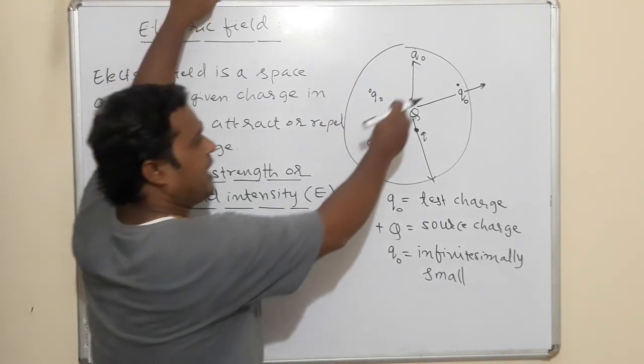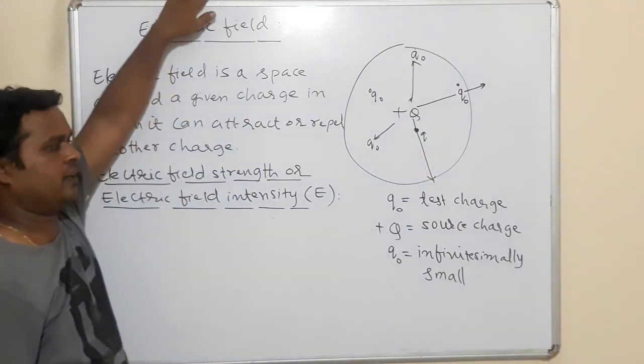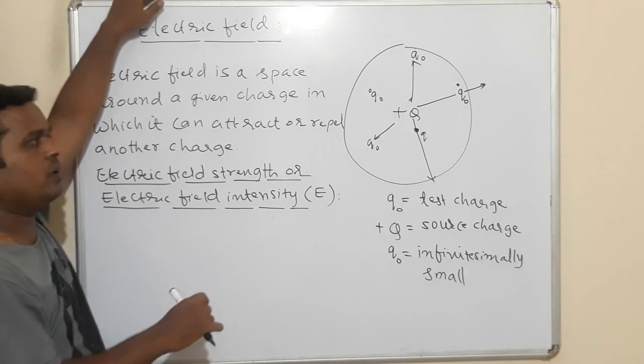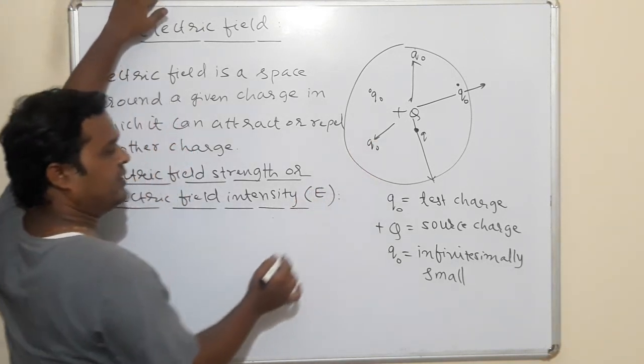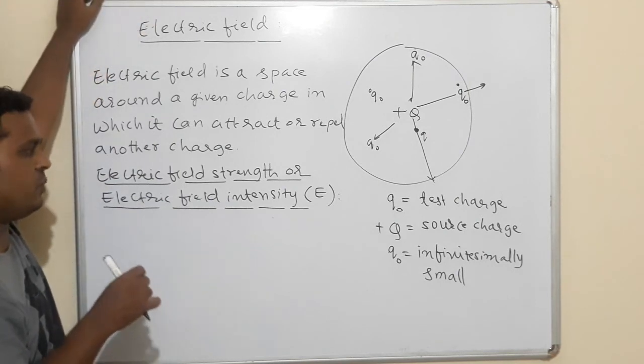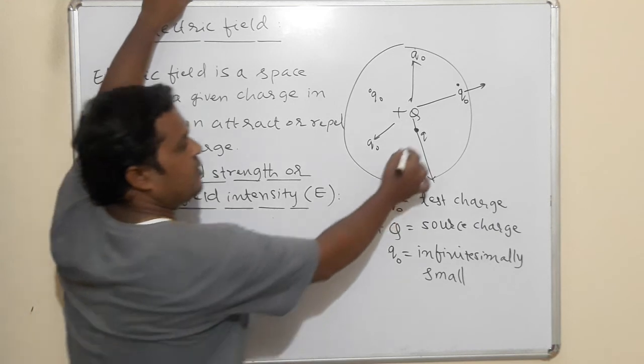If it experiences more force, then the electric field at a point is stronger. If it experiences less force at a particular point, the strength is lower. Here I am measuring the strength of electric field in terms of force experienced by the test charge.